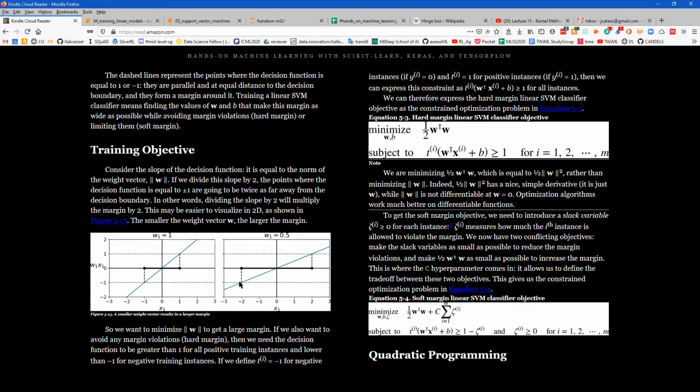So this point maps to minus 1 margin, and this point maps to plus 1. So they're farther apart. So this is maybe just the justification for minimizing the norm of W, because the smaller W is, the wider the street would be, is the idea.